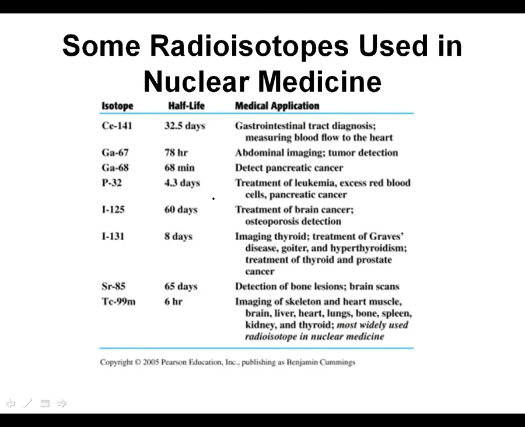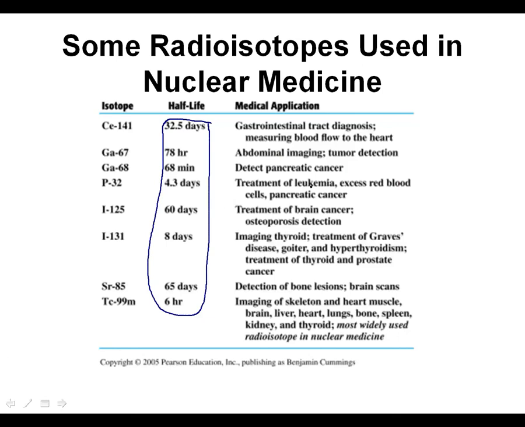And here's just a table of some common uses of some isotopes over the years. And again, you can see for the most part, maybe the highest is days in terms of radioactive half-lives. A lot of them are minutes, hours, and so on. You can see here things from GI tract diagnosis, like a blood flow tracer, tumor detection, abdominal imaging.